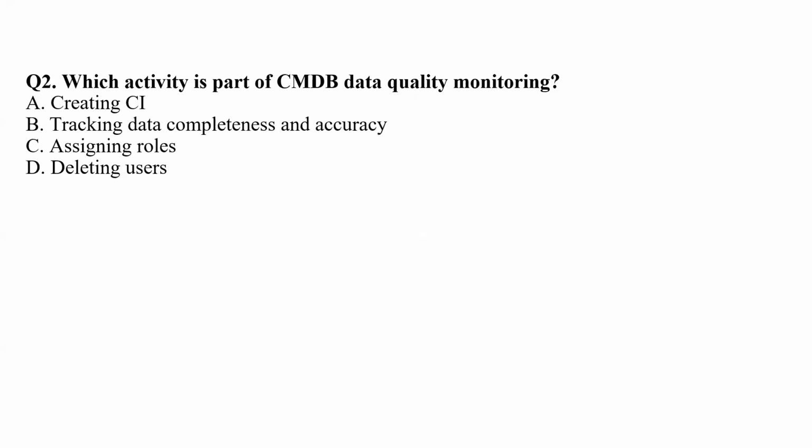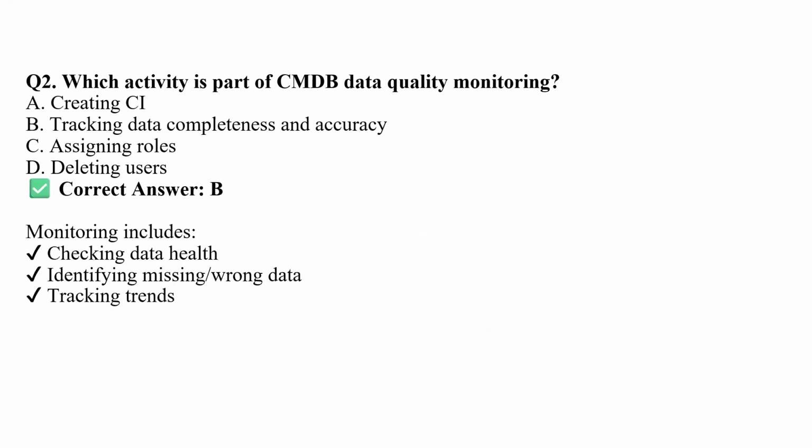Next one, which activity is part of CMDB data quality monitoring? Option A, creating CI. Option B, tracking data completeness and accuracy. Option C, assigning roles. Option D, deleting edges. The correct answer is option B, tracking data completeness and accuracy. Tracking means continuously monitoring the completeness and accuracy of data.